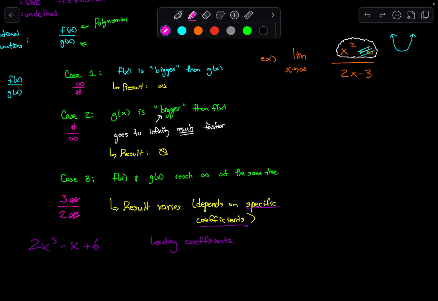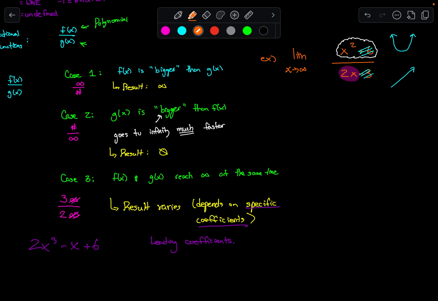And similarly in the bottom, I have 2x minus 3, which looks like a line. In the long run, this minus 3 doesn't matter because I'm still going to have a line that's pointed up like that. So it's the term that has the x attached to it that is the head honcho. It's the one making decisions, basically saying, hey, look, we're a line and we're going up.